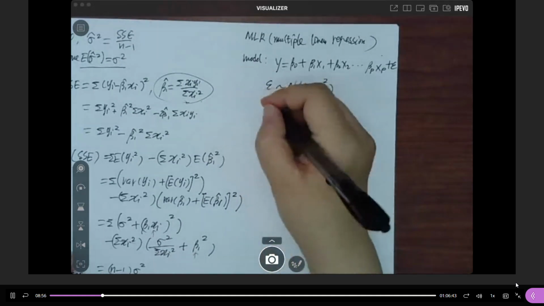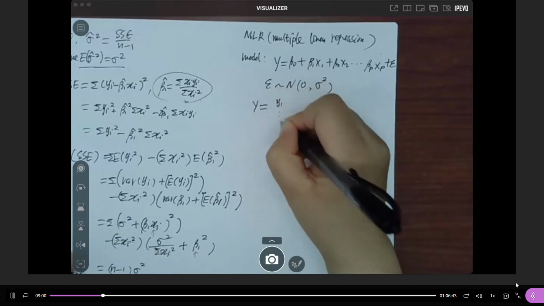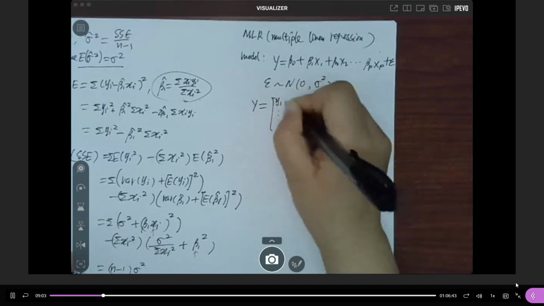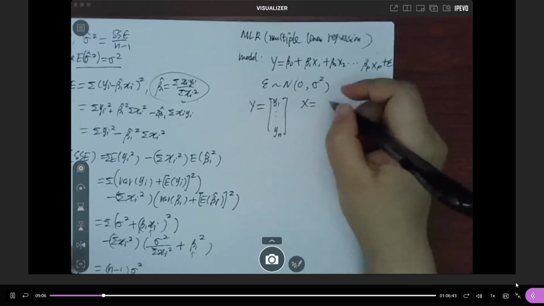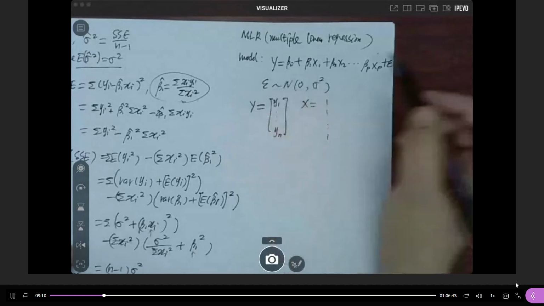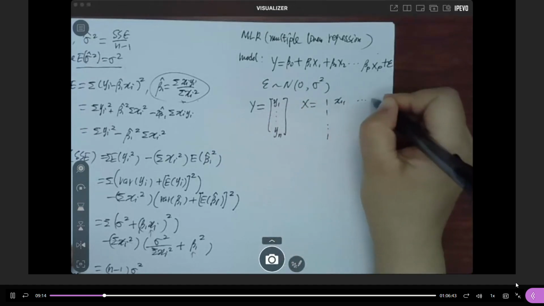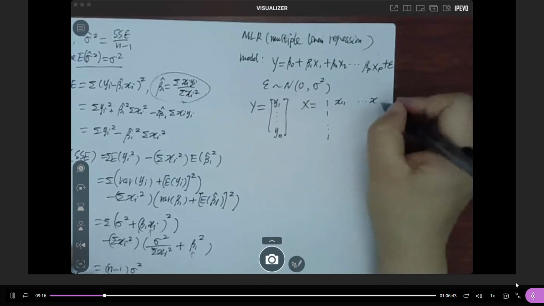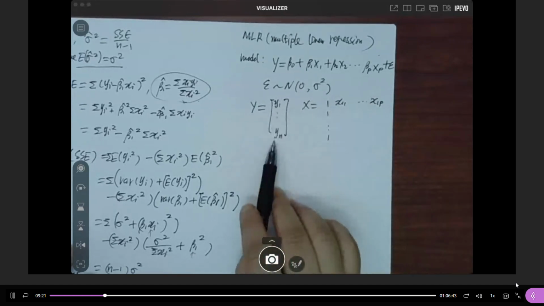So let's say we use a vector to represent y, y1 to yn, for the observation. X is a matrix. The first column is all 1 in order to represent the intercept. Then you have x11 all the way to x1p. Basically, i is the index for the observation.